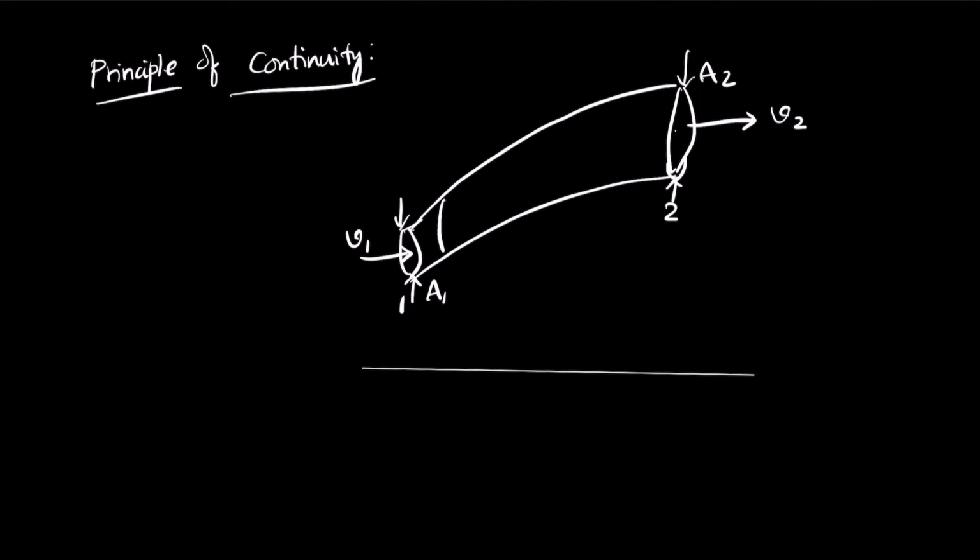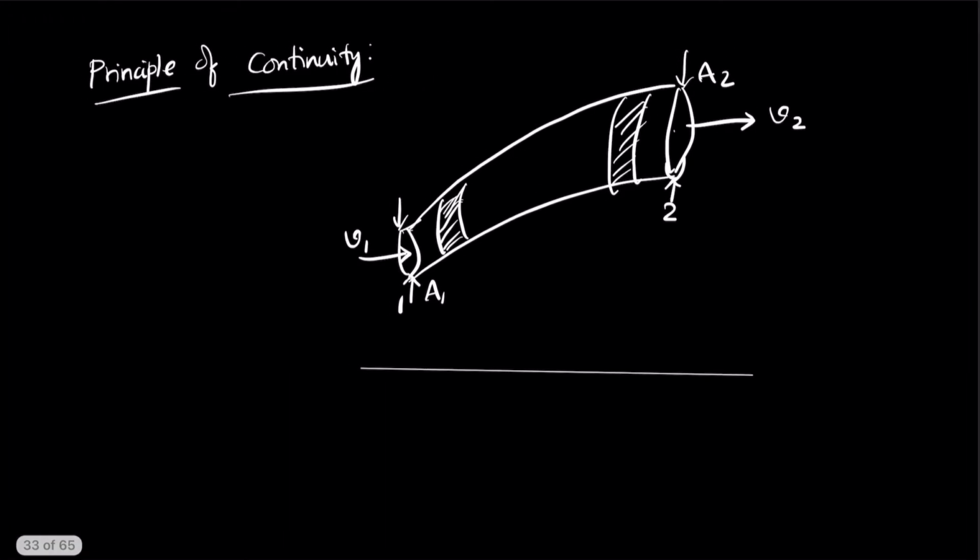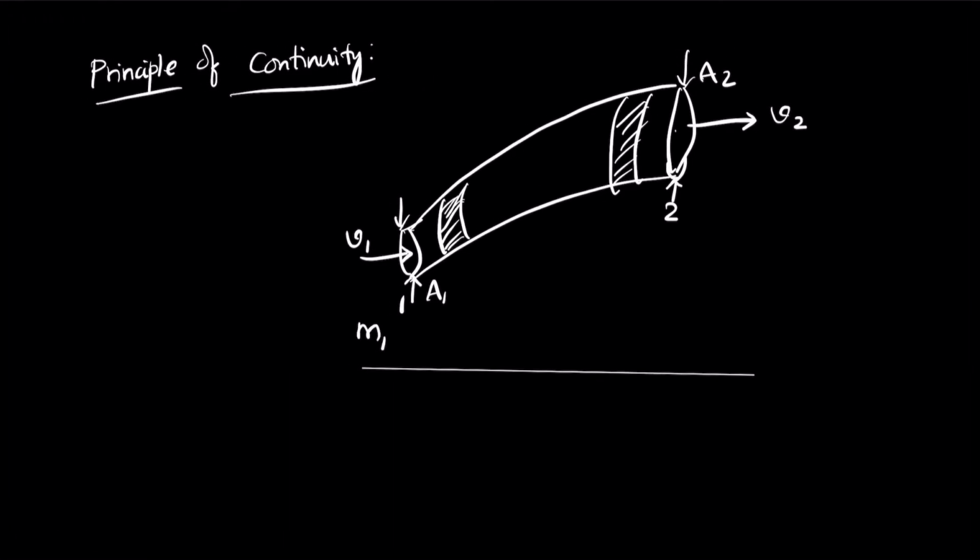Now in a given amount of time, the amount of liquid that passes through here will be the same amount that gets displaced there as well. So the mass that enters at point 1 is equal to the mass that exits at point 2. We use the law of conservation of mass, so m1 equals m2.